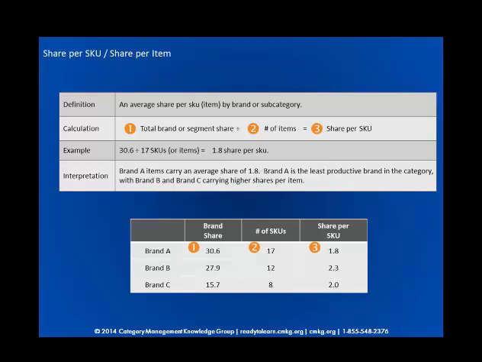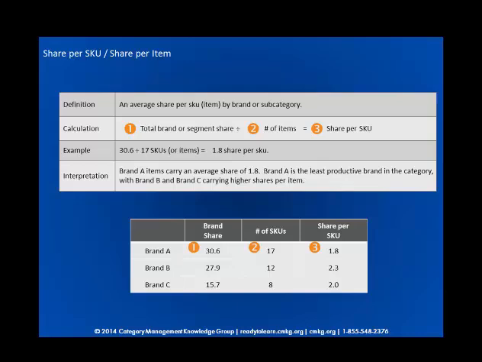The second tip that I want to share with you is to leverage sales per point of distribution. This is one of my favorite measures by far, as we look at trying to find opportunity in distribution. Again, it's not about jumping right into individual item performance.